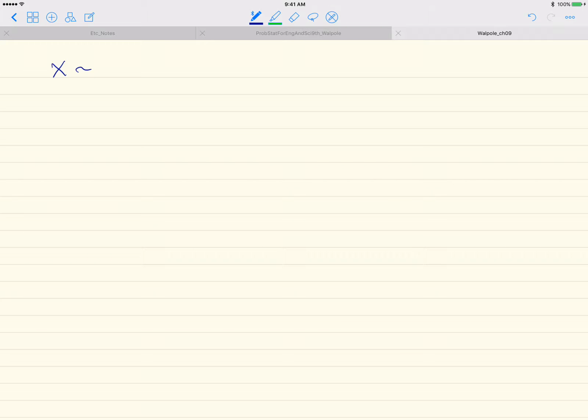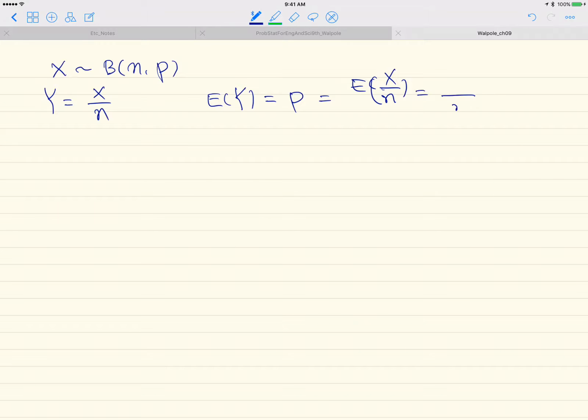Okay, so x is following a binomial random variable with n and p, and then we define the new random variable y as x over n. In this case, this random variable has the expectation value of p, because E of x over n will be n p divided by n, and so it will be exactly p. So let me ask one question.